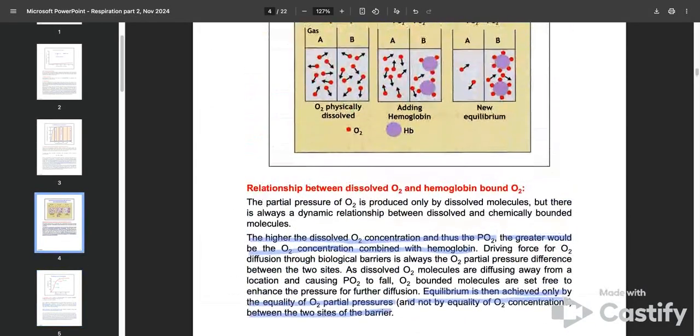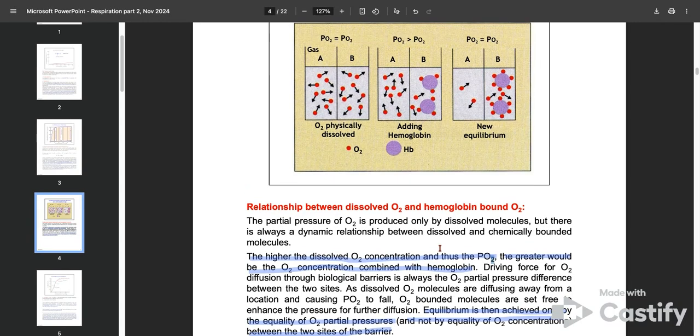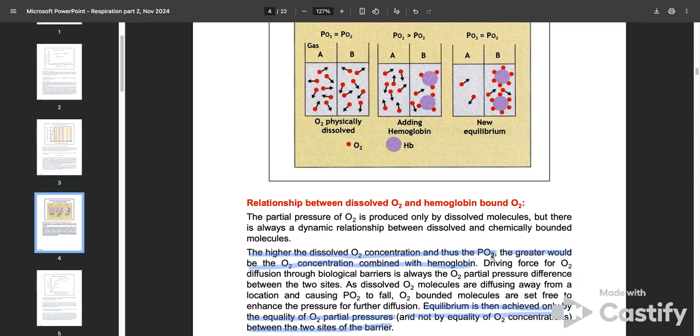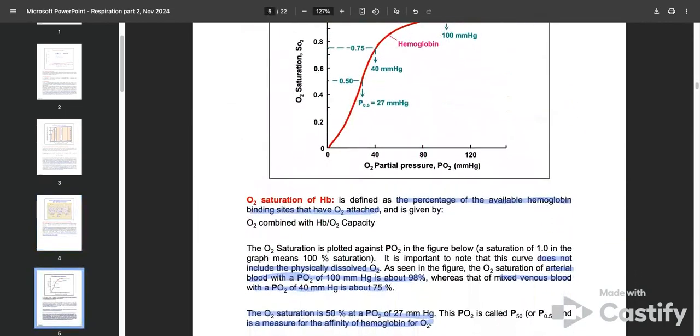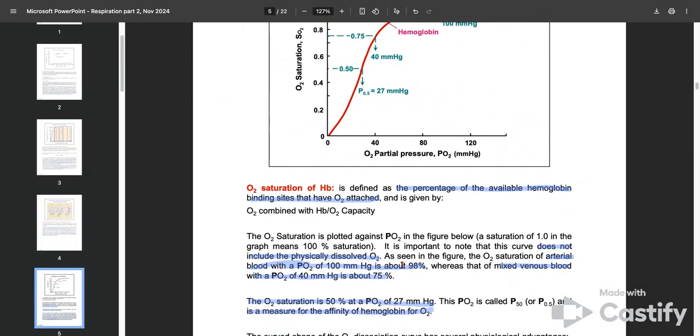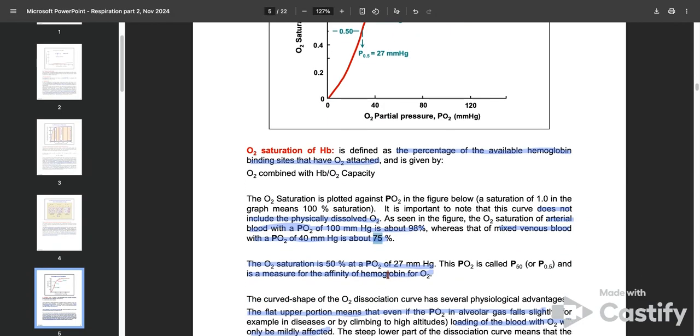This is what we said here: the higher the dissolved oxygen concentration, and thus the PO2, the greater would be the oxygen concentration combined with hemoglobin. So the higher the pressure you have, the higher the oxygen concentration bound with hemoglobin. Same thing we can see here, about 98% is saturated when there's a higher partial pressure, basically 100. When you have a partial pressure of 40, you're going to have only 75% saturated.